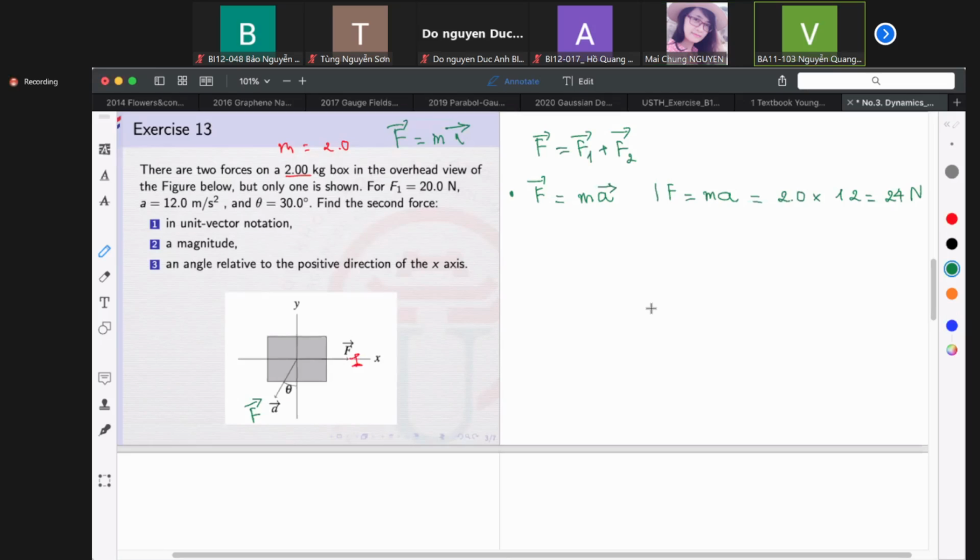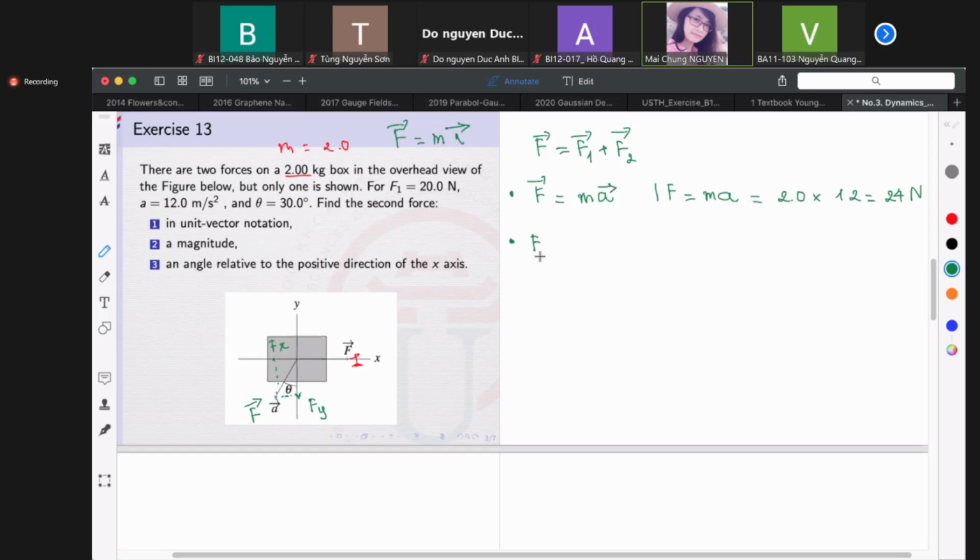Next, I find Fy of F. Now we consider two components of F on the horizontal and vertical axis, right? Fy is the component of F on the vertical axis, and Fx is the component of F on the horizontal axis.